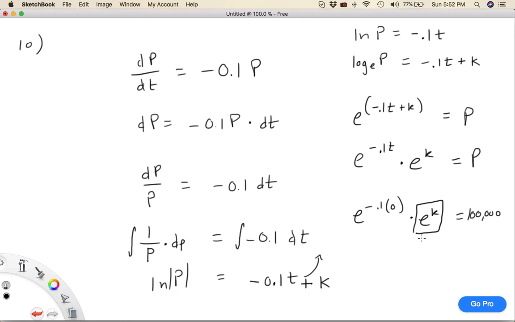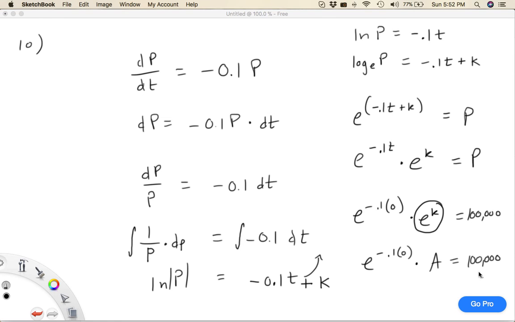So this is actually going to be replaced. Well, it's not replaced, but this is kind of like our initial value. So this is what we're solving for. So I'm going to replace that with just calling that a constant. So e to the negative 0.1 times 0 times some other constant is equal to 100,000.